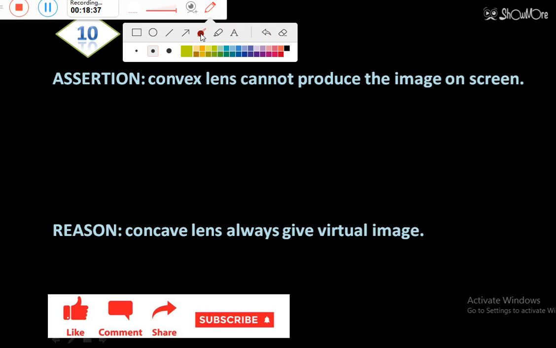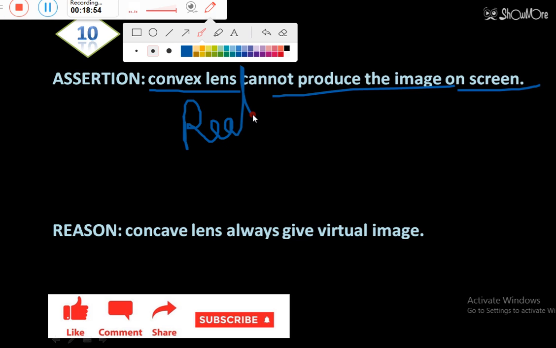Next question is, convex lens cannot produce the image on the screen. Why it cannot produce? It can produce also, because it can give us real as well as virtual images. So it can give us both types of images. That means it can produce the image on the screen.